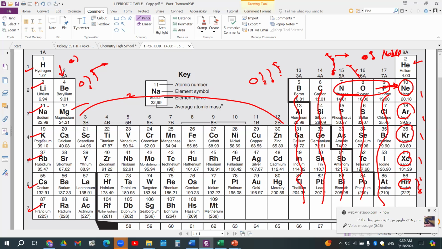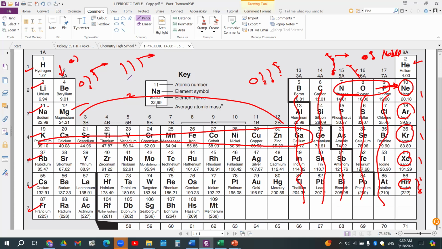Elements having 1, 2, or 3 electrons in the outermost shell find it easier to lose than gain, to have their outermost shell saturated at 8 and become similar in electronic configuration to the previous noble gas.